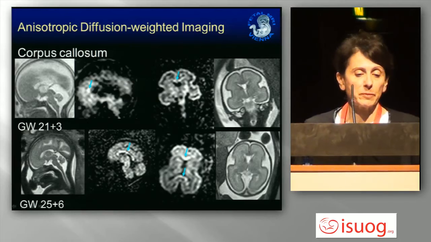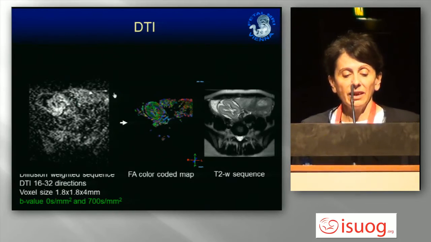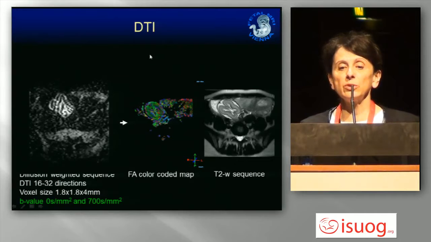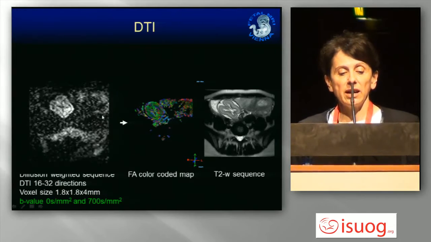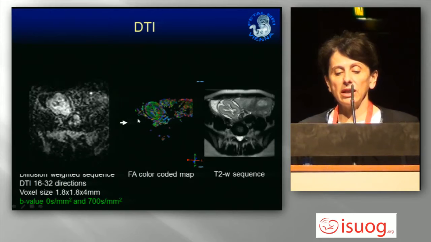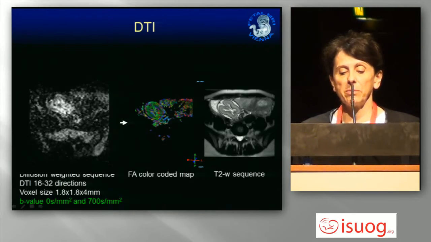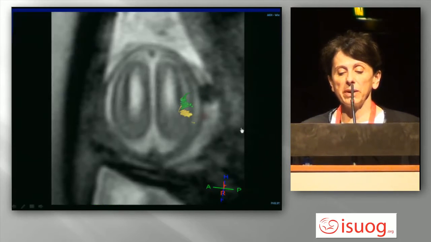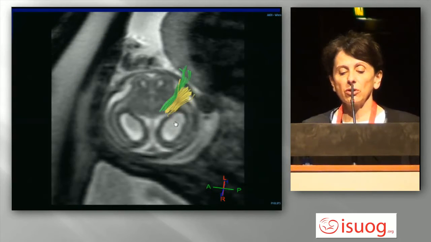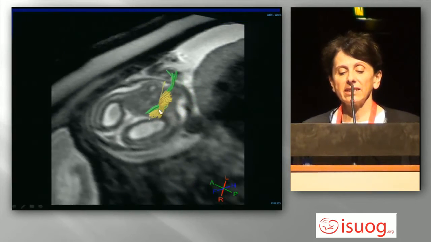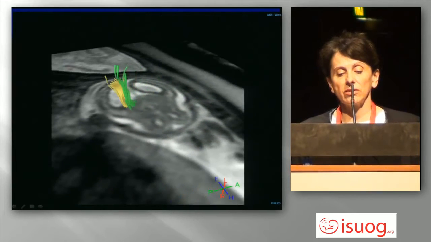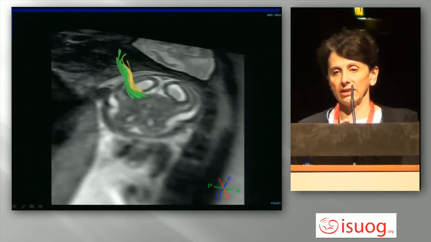but you will have seen it by ultrasound before anyway. Well, you can also use diffusion-weighted imaging to do so-called diffusion tensor imaging. This is the sequence running for a minute, then you have a color map and an anatomical map so that you know where you are, and based on this information, you can do tractography, the corticospinal tract and the sensory tracts, for instance, in young fetuses, radiologically young fetuses.